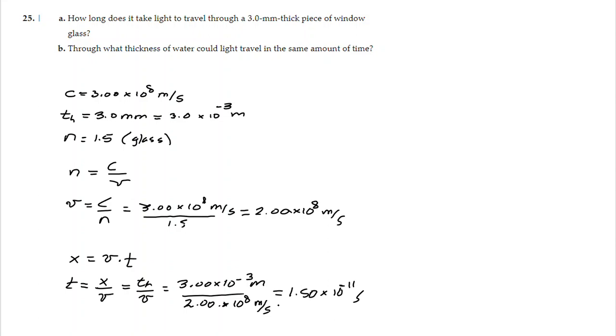Now, the second part of the problem asks through what thickness of water light could travel in the same amount of time. What has changed from part A to part B? Well, we know the index of refraction of water, which is 1.33. Again, you can find this in any book.